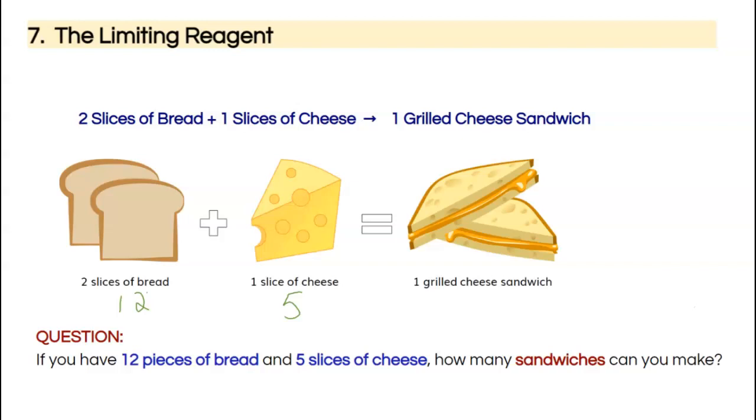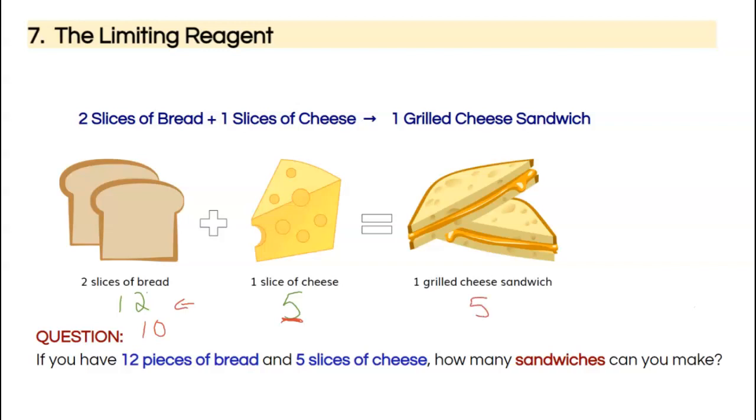Well, in your head, you're probably thinking, if I use up all of my cheese, then I'm going to need 10 slices of bread, and I have at least that. And so the max number of grilled cheese sandwiches is 5.